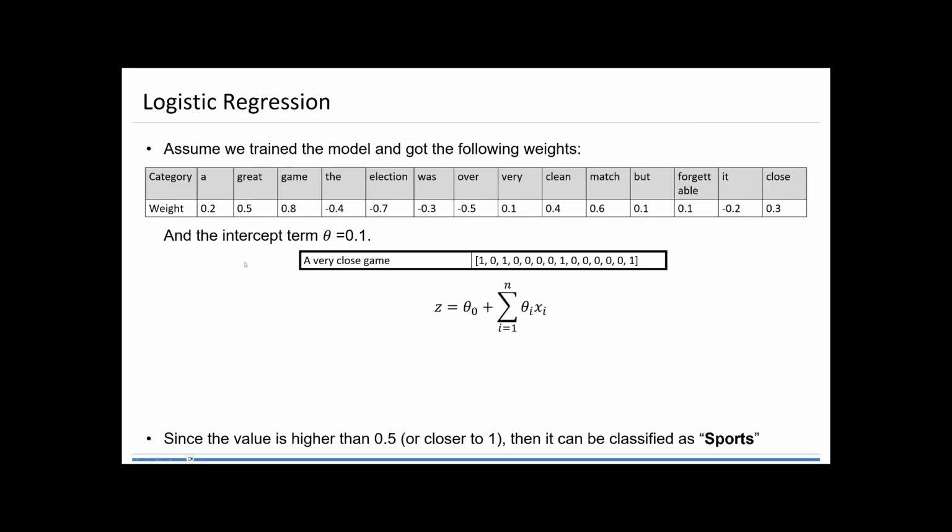The first is the intercept, or 0.1. And now I want to know for every one of these, 1, 1, 1, 1. As you know, 0 multiplied by any weight will be 0. So we can just consider only the 1s.